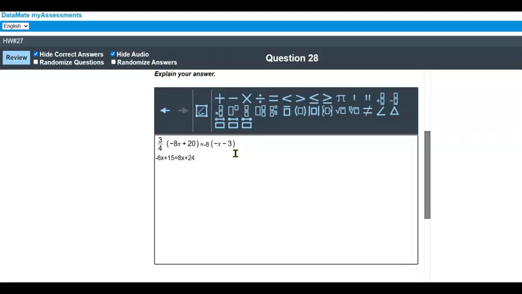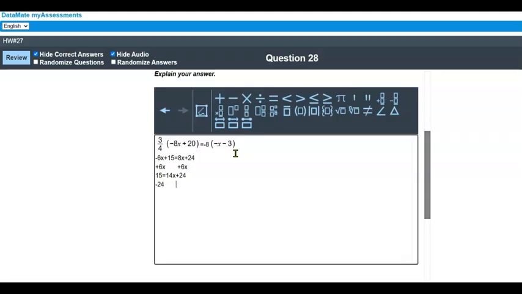Now I'm going to add 6x to both sides. I can type it out, or I can simply type the solution, which is that 15 is equal to 14x plus 24. Now I'm going to subtract 24 from both sides.